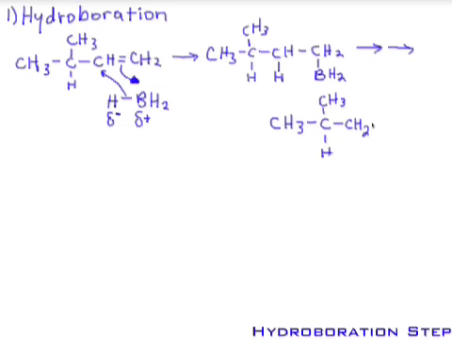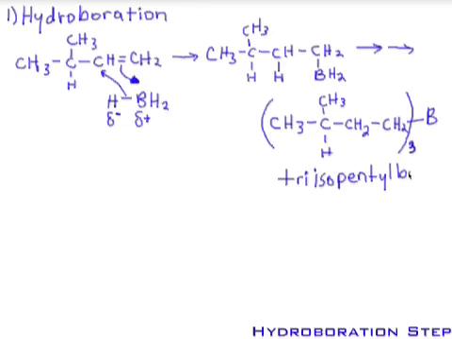I'm going to put this in brackets and say 3 of them, all attached to boron. And the boron, instead of having any hydrogens, now has these alkyls. This is a trialkyl. In this case, what's the name of that alkyl group? Common name, 1, 2, 3, 4, 5. Triisopentyl borane. Hydroboration makes a trialkyl borane.